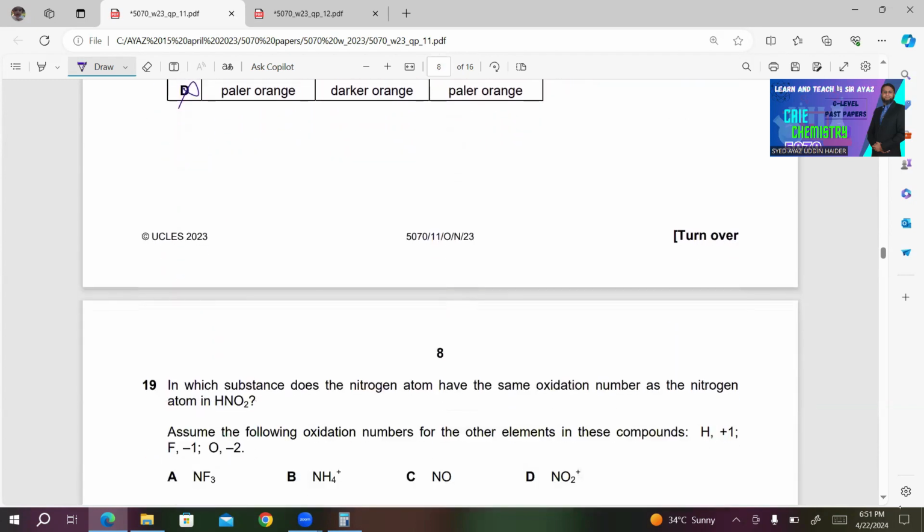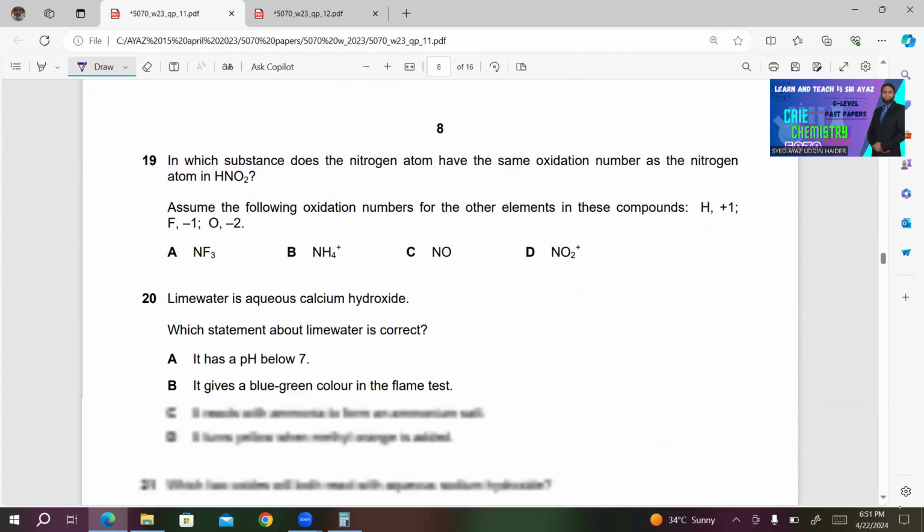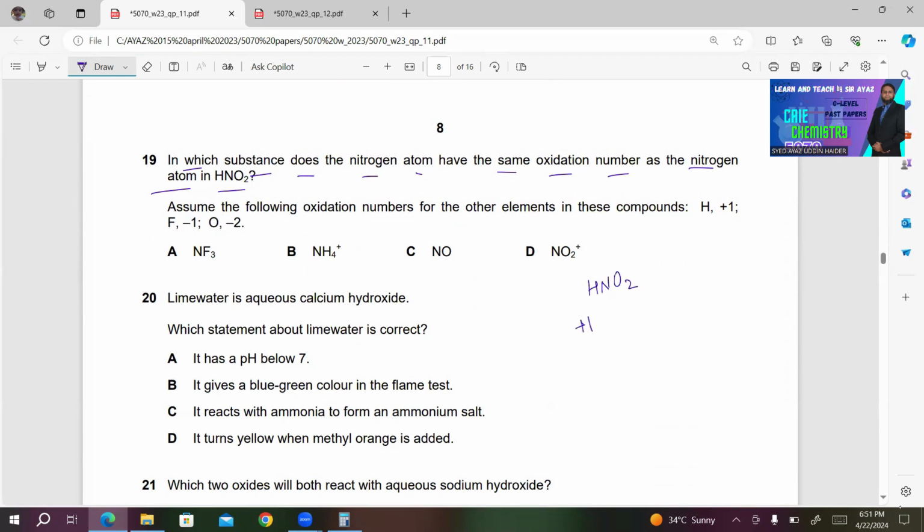Number 19. In which substance does the nitrogen atom have the same oxidation number as a nitrogen atom in HNO2? So the oxidation number of nitrogen in HNO2. Hydrogen is attached to non-metals, so it must be carrying +1. For nitrogen, I will write X. What about oxygen? There are 2 atoms of oxygen.